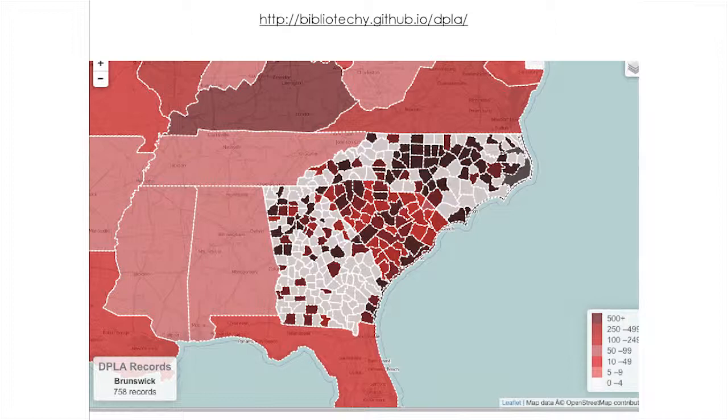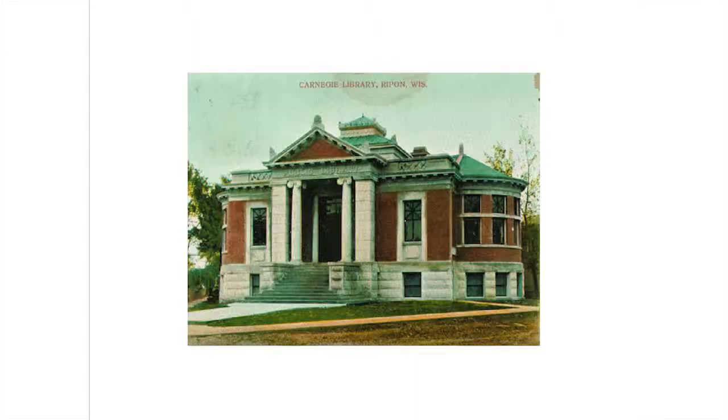If you scroll over, I highlighted the county that I live in in North Carolina, which is all the way down there at the bottom by the ocean, and we have 758 records from that county, which is really cool. And you can do that with your state and your county if you'd like. So it's pretty neat.